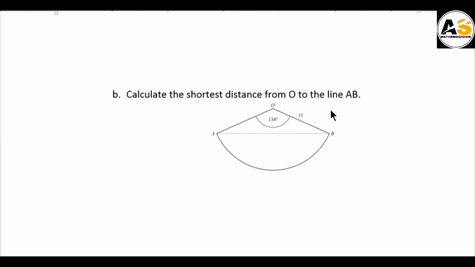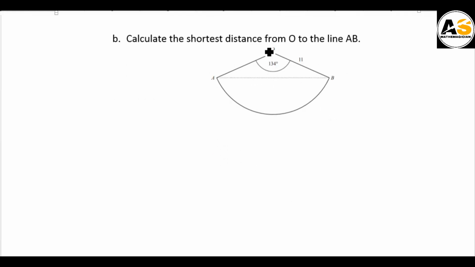Second part, we have to find the shortest distance from O to line AB. If I draw a perpendicular from O to AB, this will bisect AB as well as bisect this angle into 67 and 67. Let this point be D. From the triangle OBD, we see that cos 67 degree is equal to OD over OB.